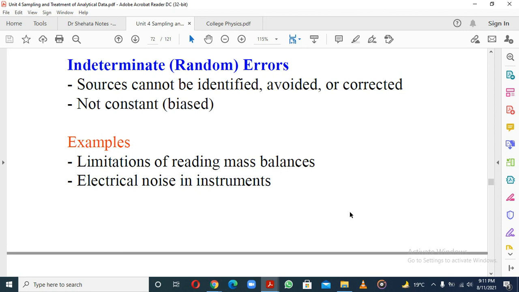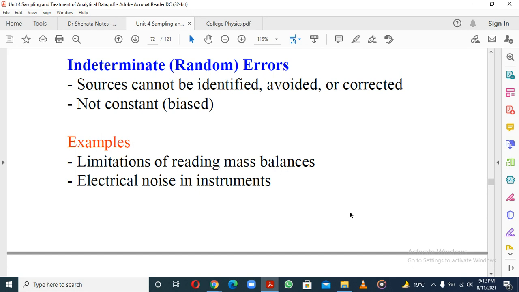If you can't identify something, there is no way you can correct that particular error. So that's something that's very, very important to take note of.